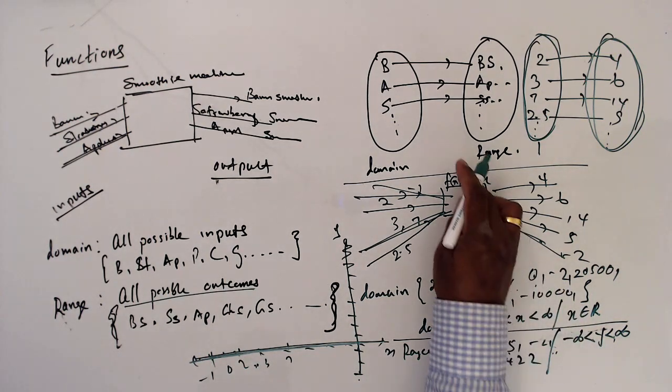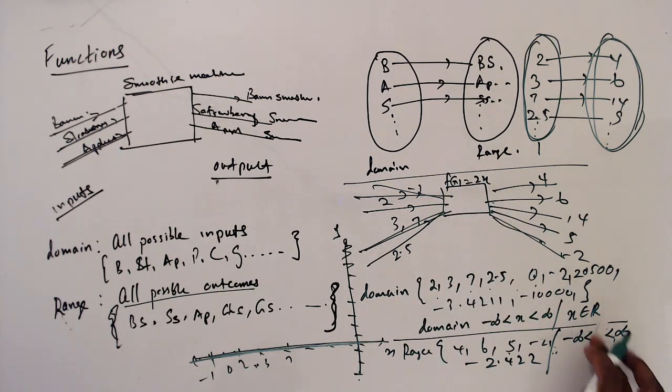Or instead of y, we write f(x). Then this is going to be minus infinity < f(x) < positive infinity. If you want, you can write y. Or another way of writing is y is an element of real numbers.